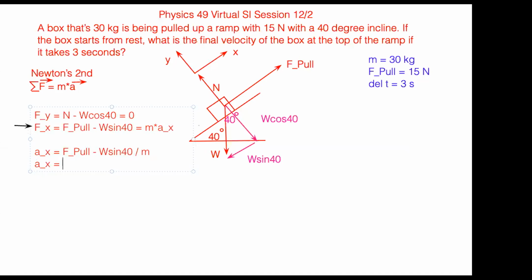F pull is equal to 15 newtons minus, we said that weight is mass times gravity, so 30 times 9.8 times sine 40. And all of this, let's use brackets, divided by m, which is 30 kilograms.